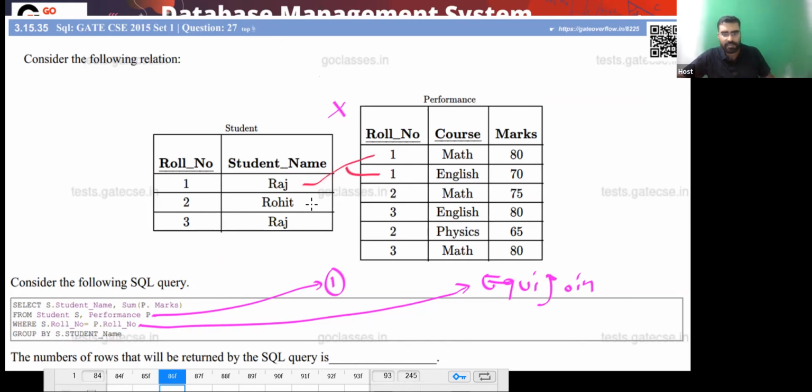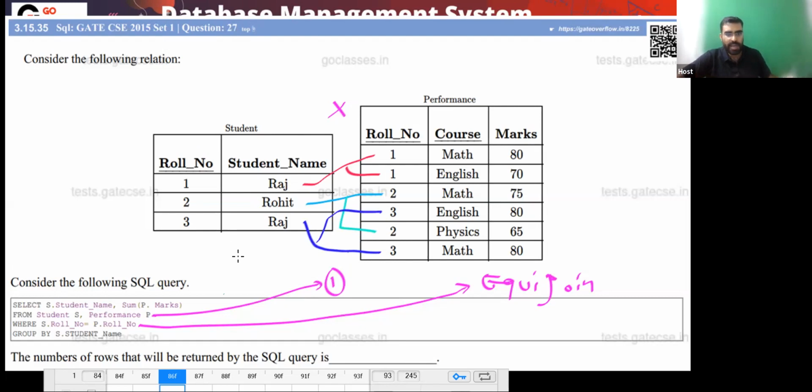These two will match, and this will match with only this, and finally this will match with this. Sorry, that was 2. So this 2 will match with this 2, and this 3 will match with 3, and this 3 will also match with this. So like this it will happen.